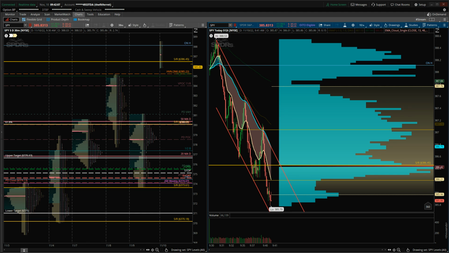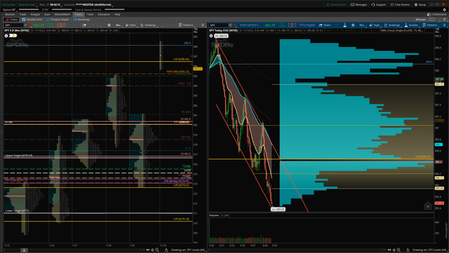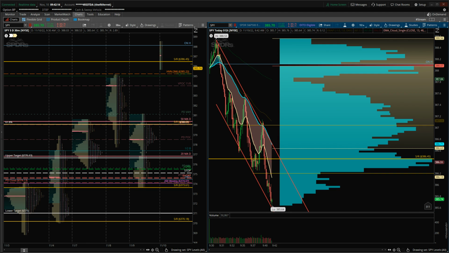So we're actually going to switch to 386s on our long side now, just being prepared for when it drops down to this high volume node and the T+2 high.